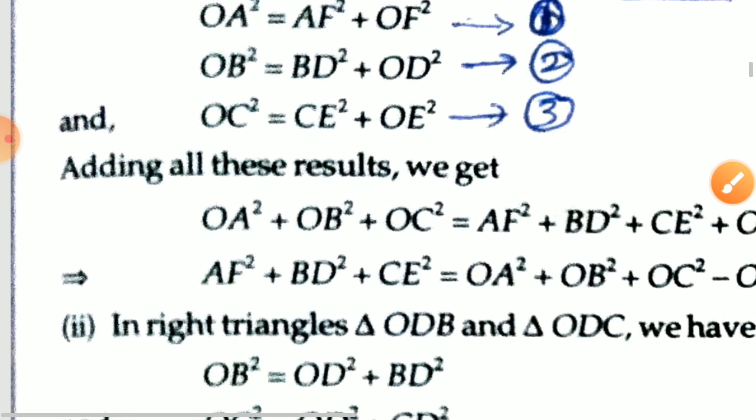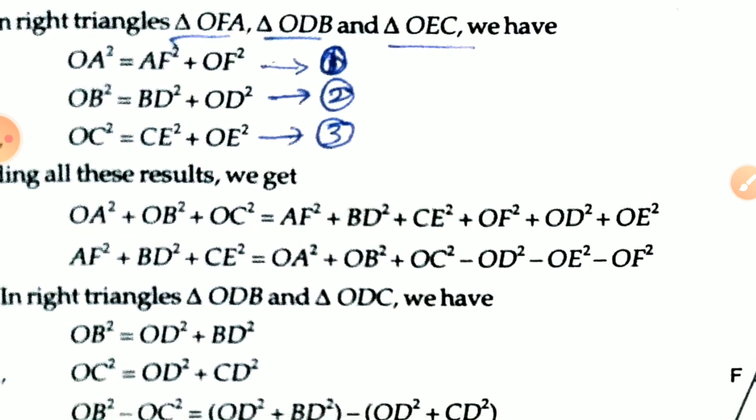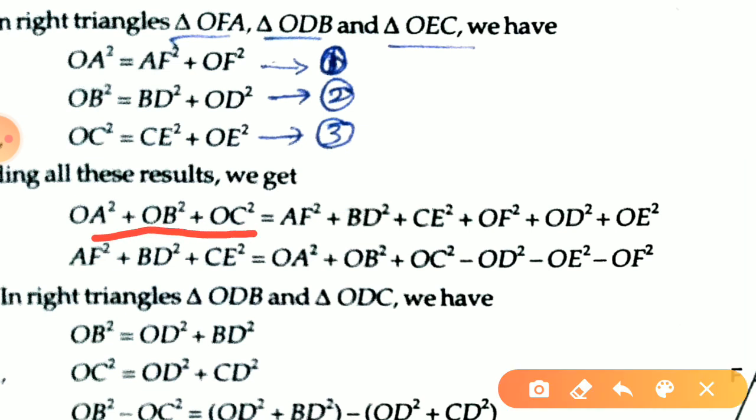So we get the equation: OA square plus OB square plus OC square is equal to AF square plus BD square plus CE square plus OF square plus OD square plus OE square.